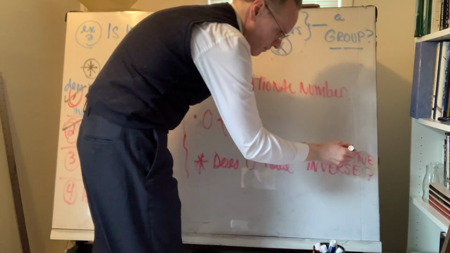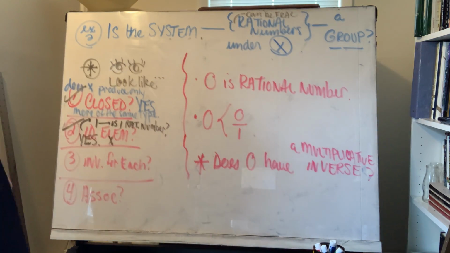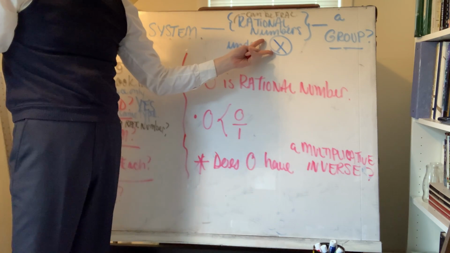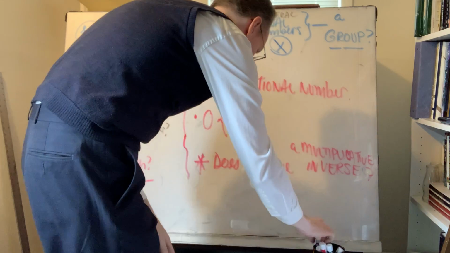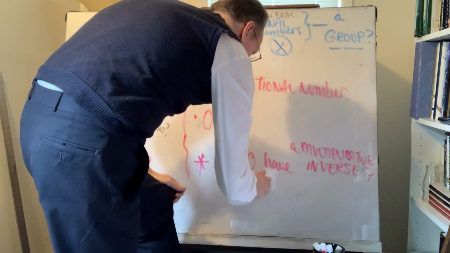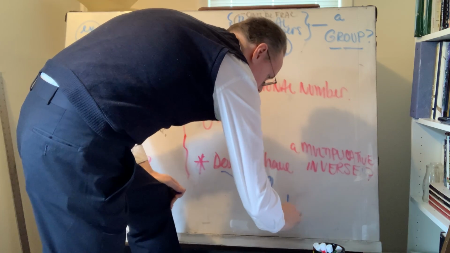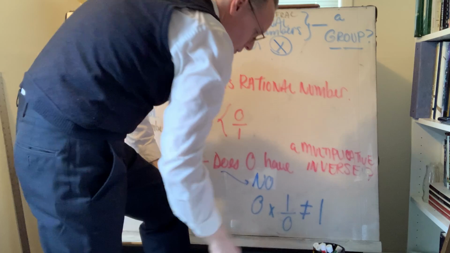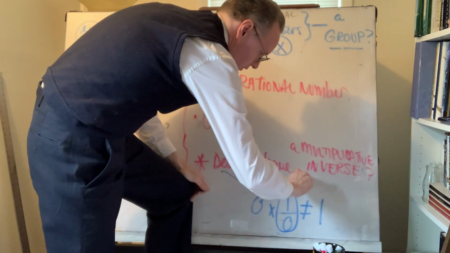I'm sorry, that's very weird spelling there. Bad handwriting. I'm worried about a multiplicative inverse because we're dealing with multiplication as the operation. And the answer to that question is no, because 0 times 1 over 0, even if you could do that somehow, is not going to equal 1. This isn't even allowed. This is undefined.